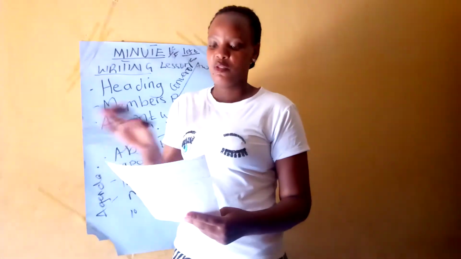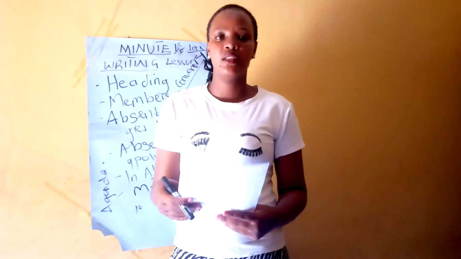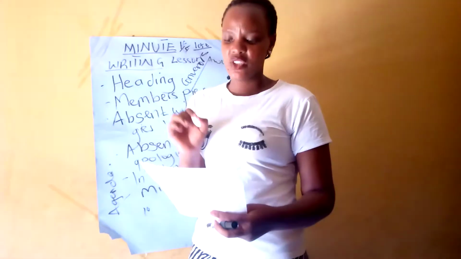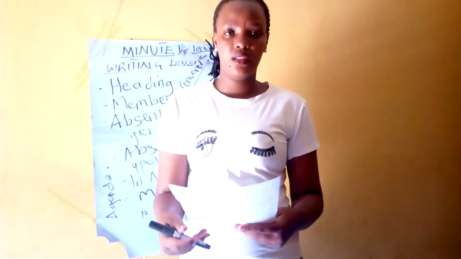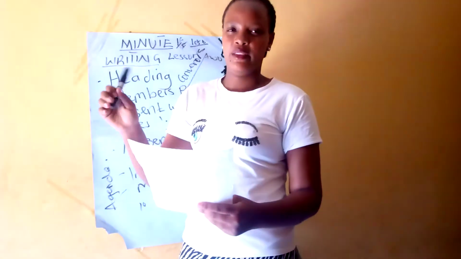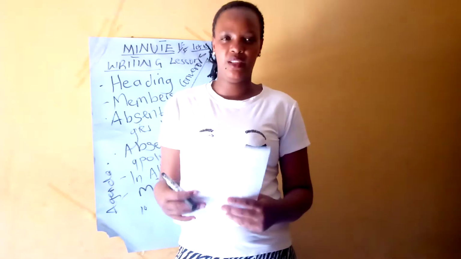The procedure, or aspect, number one is called the heading. The heading shows the convenance of the meeting: venue, date, and time. You indicate the venue, the date, and the time you conducted your meeting.